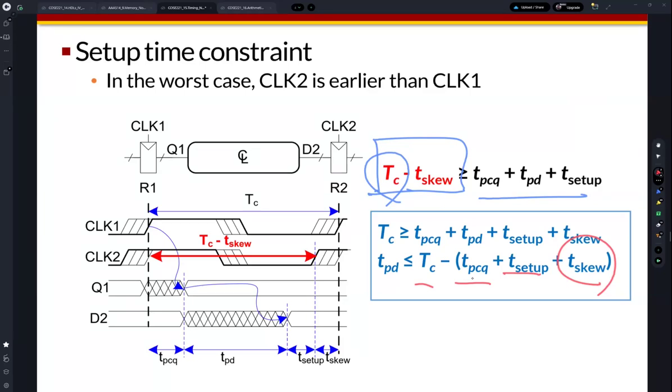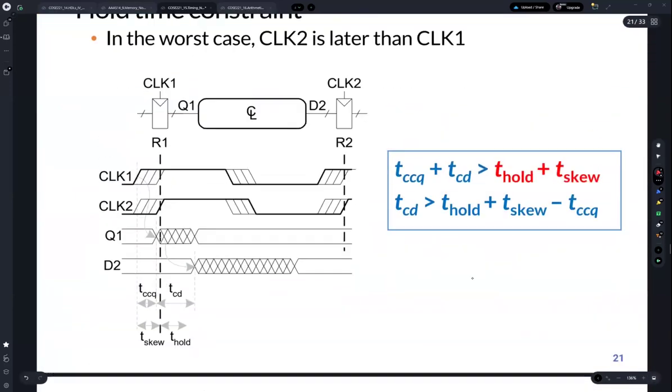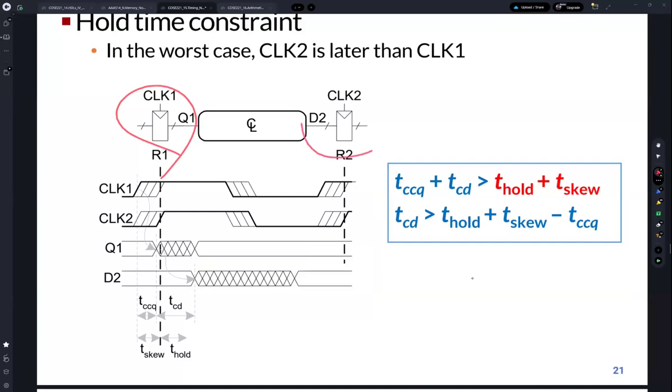Then how can we consider the hold time constraint? When we consider the hold time constraint, we actually need to consider the worst case too. So what is the worst case of the hold time constraint?